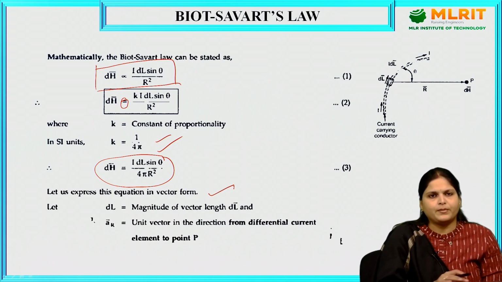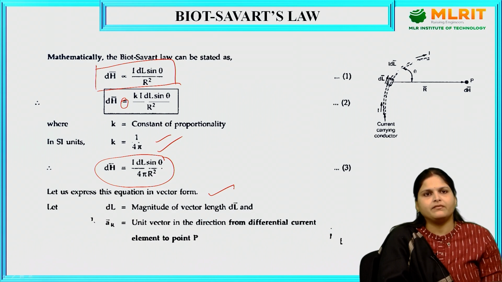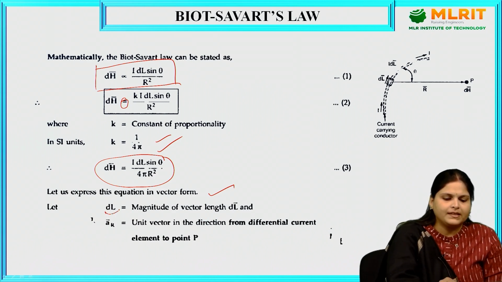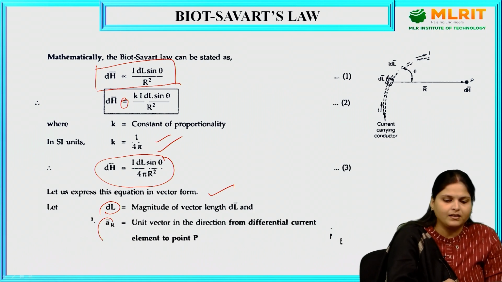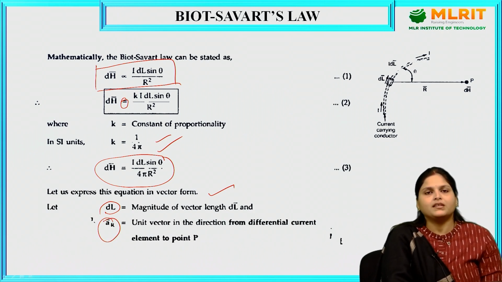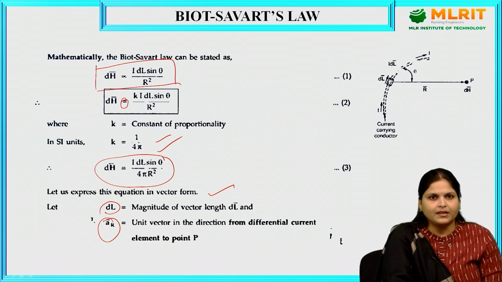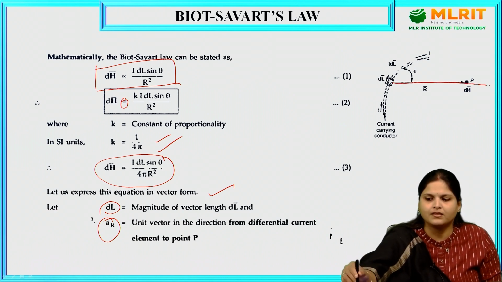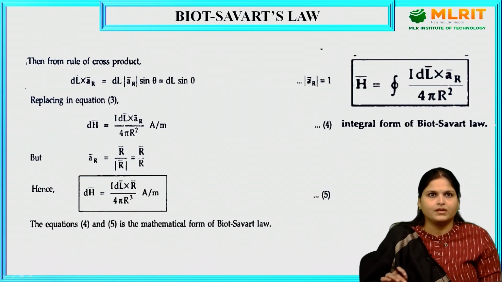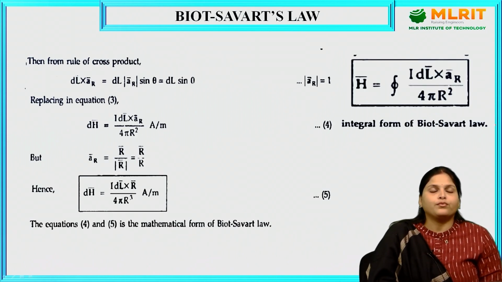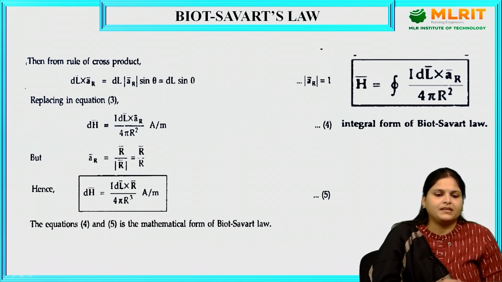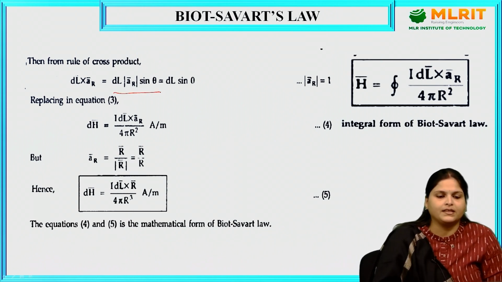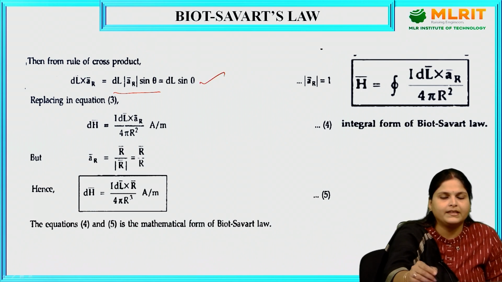This equation can be expressed in vector form. Let us consider dl as the magnitude of the vector length dl, and ar is the unit vector in the direction from the differential current element to the point. From the rule of the cross product, we already know that dl cross ar can be written as dl ar sine theta, which is dl sine theta.